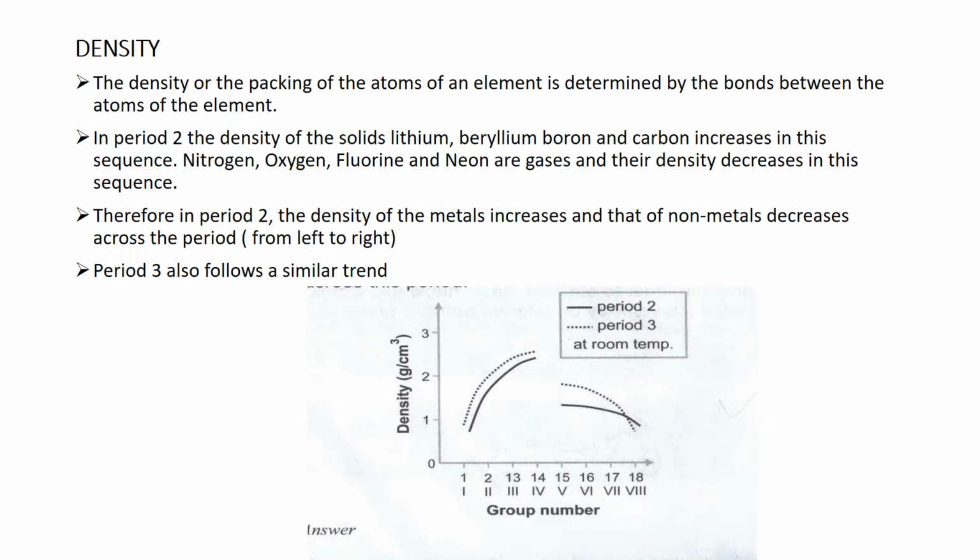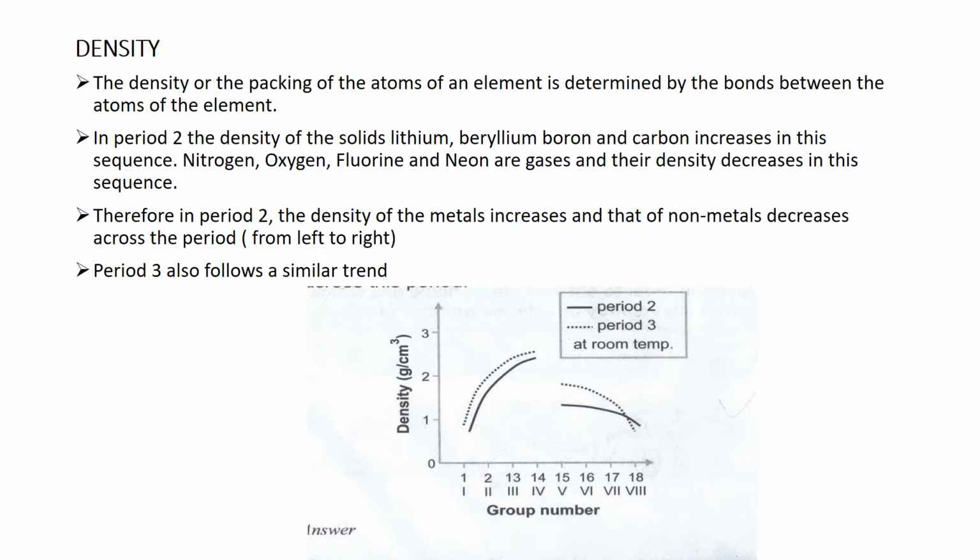But the gases in period 2, nitrogen, oxygen, fluorine, and neon, their density decreases in this sequence. So nitrogen has the largest density and neon has the smallest density. So in period 2, the density of the metals or solids increases and that of non-metals decreases across the period from left to right.